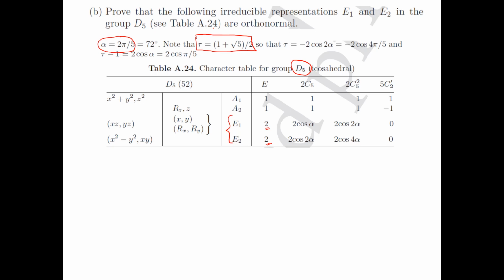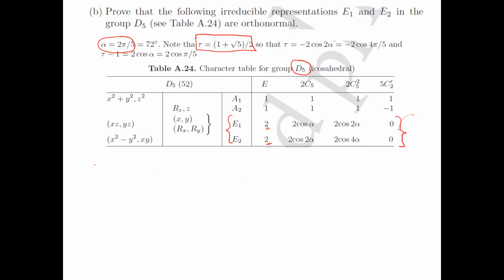It's just algebra in a sense, but I'll just set up the equations and then you can do the algebra by yourself if you want. So basically what we need to show is that these 2 rows of the character table are orthogonal to each other.